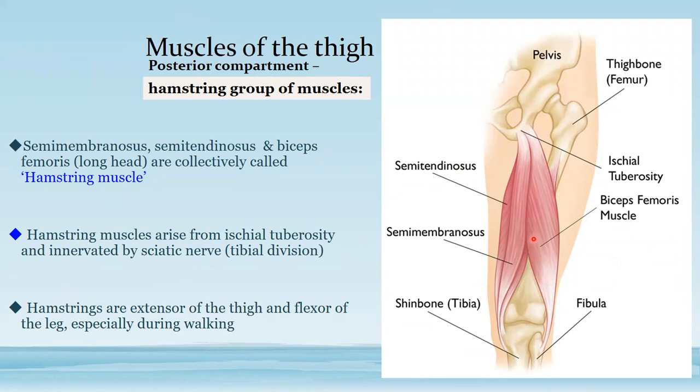And then you have the biceps femoris muscle, the long head, which has two heads. I will explain later. The long head of the biceps femoris, along with the semitendinosus and semimembranosus, are collectively known as the hamstring group of muscles. Hamstrings are extensors of the thigh and flexors of the leg, especially during walking.